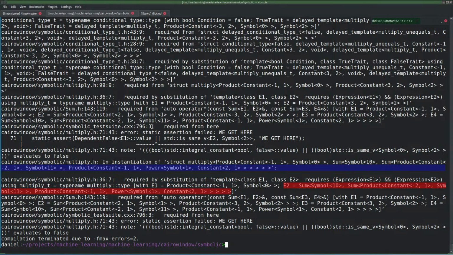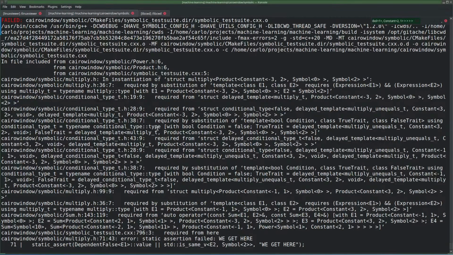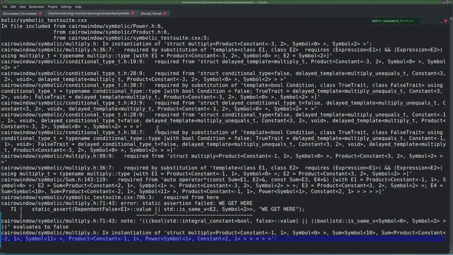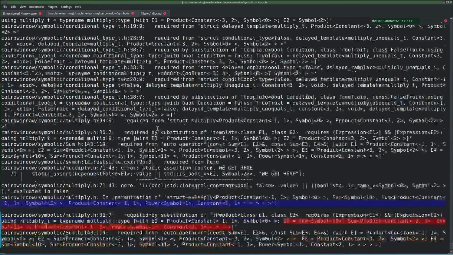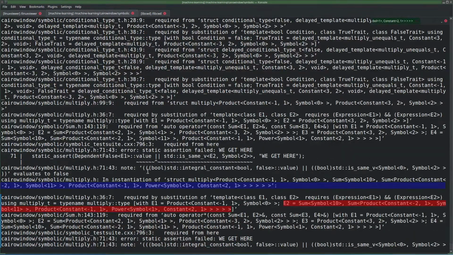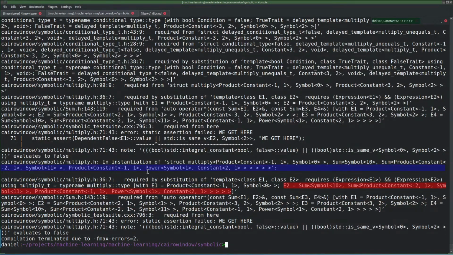Which then in turn means that everything above here, the first error, is not the error that I want. I think the one that I want is at the bottom here, so I do not want this one.